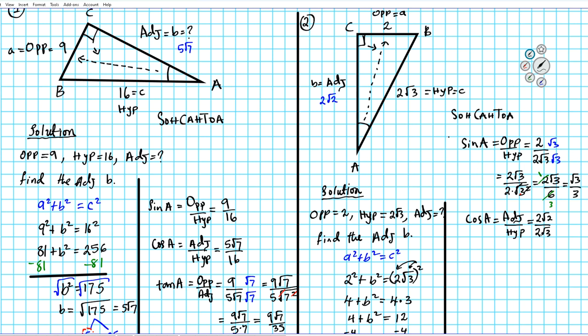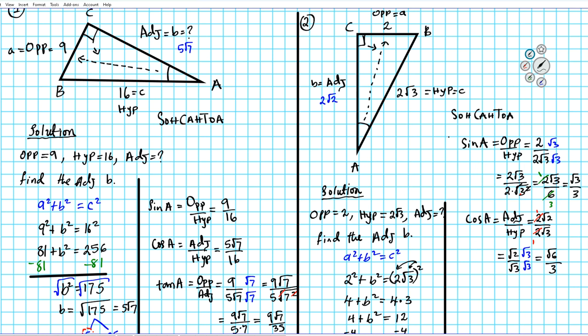If you notice here, there's a 2 here and a 2 here, so you can divide that out. And then you are going to have root 2 over root 3. Now, you can't have a square root in the bottom, so we have to rationalize that out. So root 3 and root 3, top and bottom. And on the top, you're going to have root 6. And on the bottom, you're going to have root 3 squared, which is just 3.